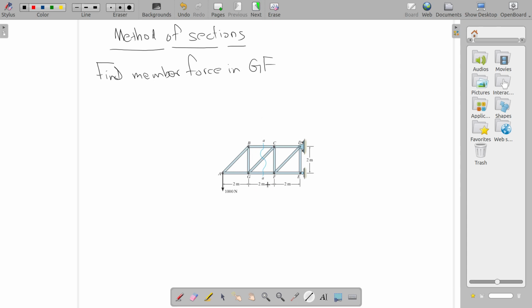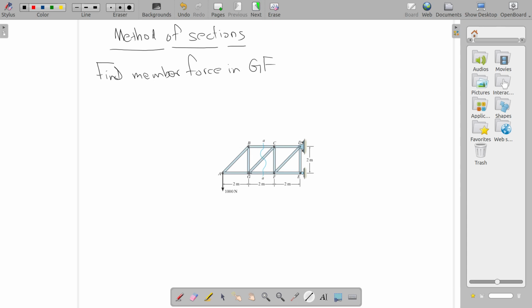So we will cut through the members and not through the joints, and the cut should pass through the unknown, and ideally through a minimum number of members, and that may not be the case in all problems.